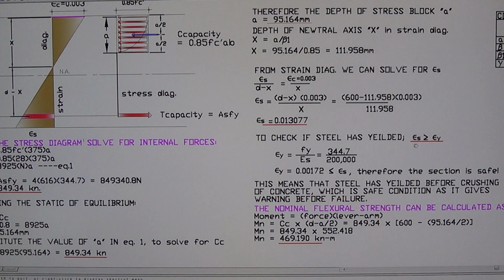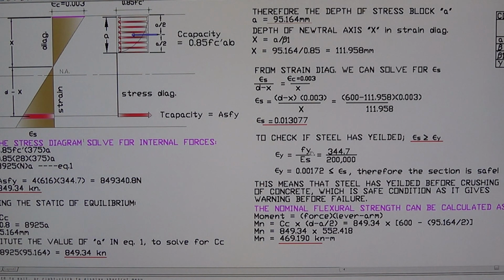So the condition is the strain of the steel while yielding is supposed to be greater than the EY when the steel is hardened. The formula for EY is Fy divided by the modulus of elasticity of steel.